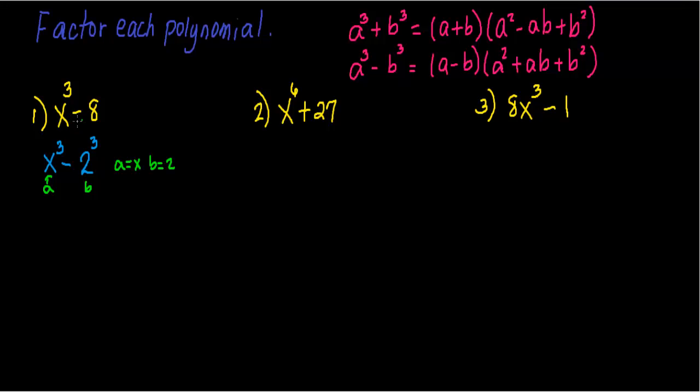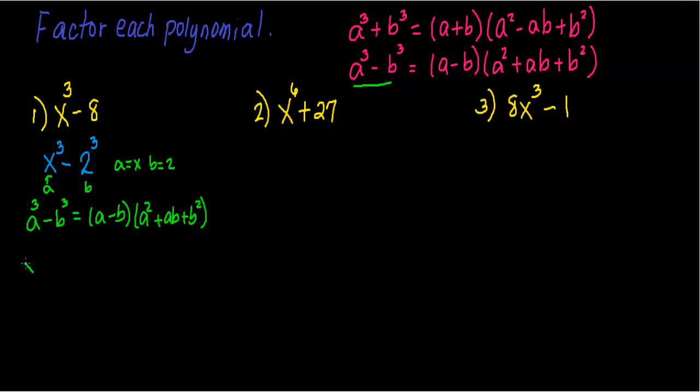Now, since I have a difference of cubes, I'm going to use this formula. It says that A cubed minus B cubed will equal A minus B times A squared plus A times B plus B squared. Since A is x and B is 2, I'm just going to plug these numbers in.